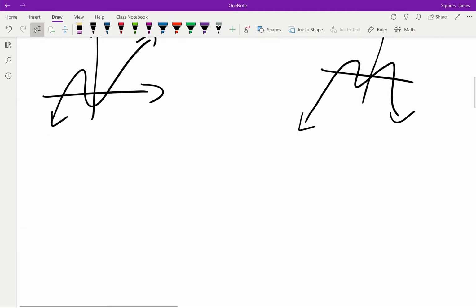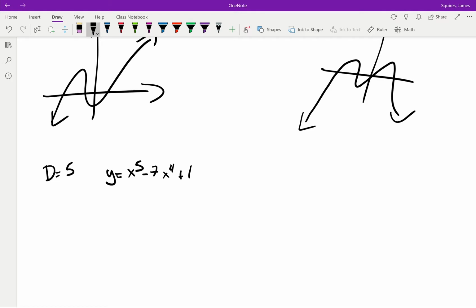Alright, let's do one last example. So if we have degree 5, maybe we have something nasty like y equals x to the 5th minus 7x to the 4th plus 14x squared minus x minus 5. Well, on this big old nasty thing, the only thing we need to pay attention to is the value of our exponent.